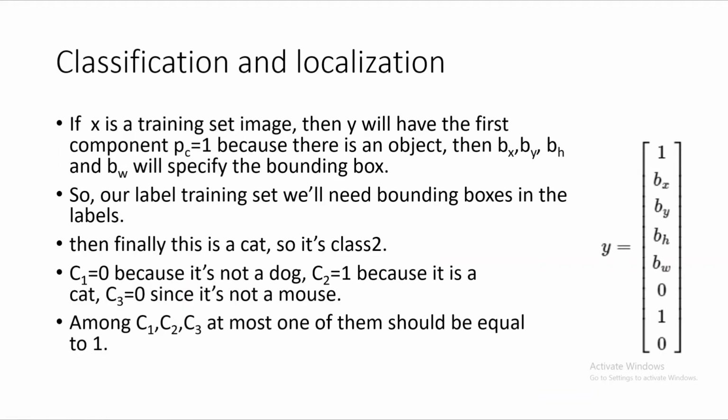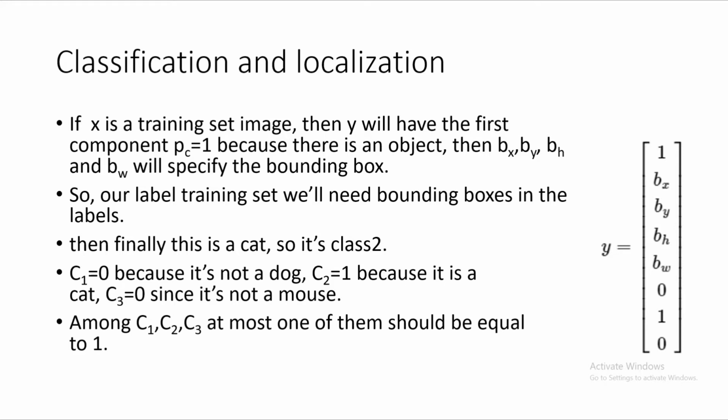Next, if there is an object, then we want the outputs BX, BY, BH and BW. If PC is equal to 1, we also want the output classes C1, C2 and C3, which tell us whether it is class 1, class 2 or class 3. In other words, dog, cat or mouse.